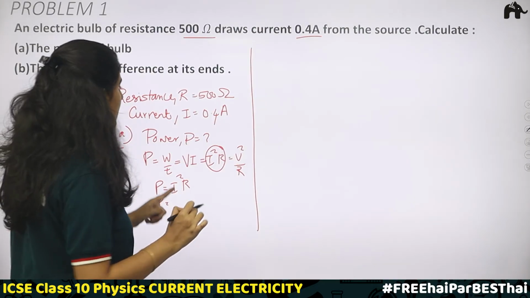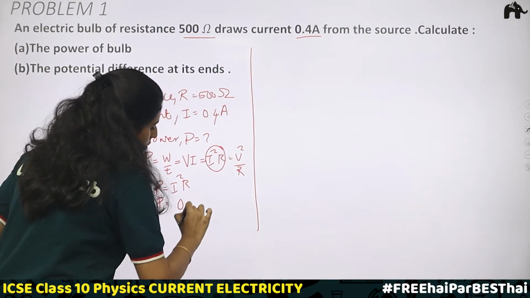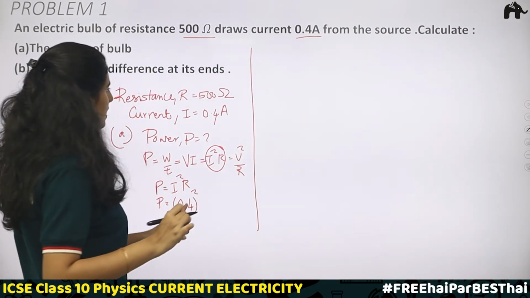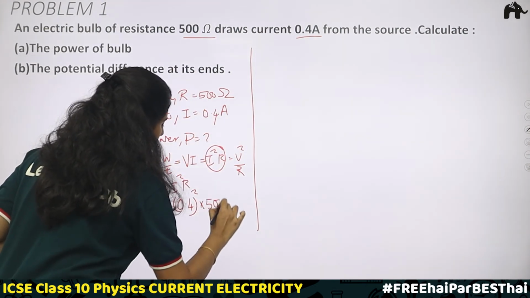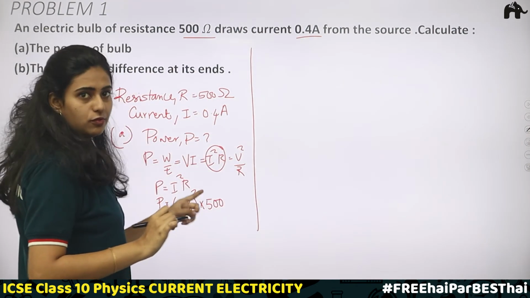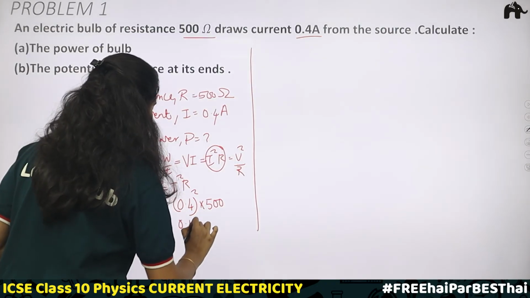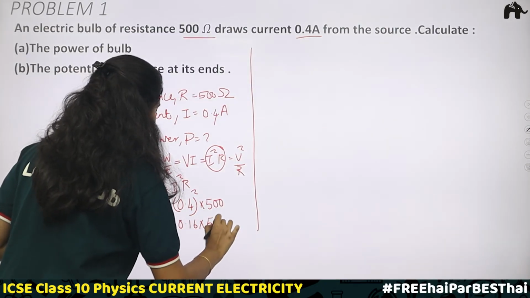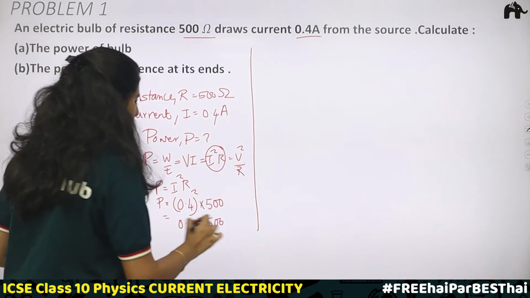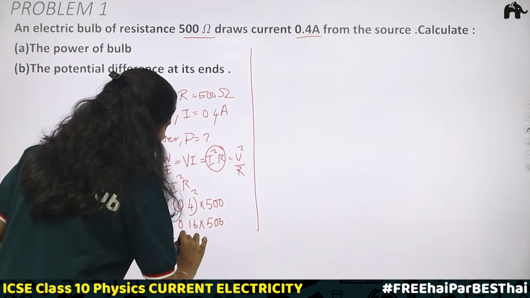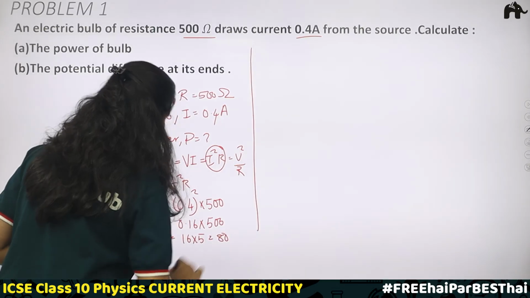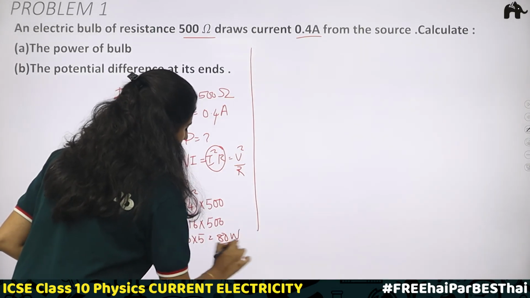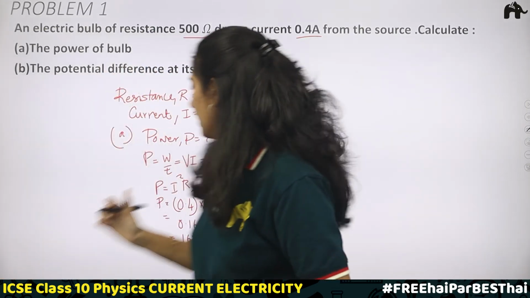I square current value 0.4 square, and then the resistance 500. 0.4 square is 0.16 into 500. So in order to remove this decimal, you can take these 2 zeros, becomes 16 into 5, and that is 80 watts. So the power is equal to 80 watts.